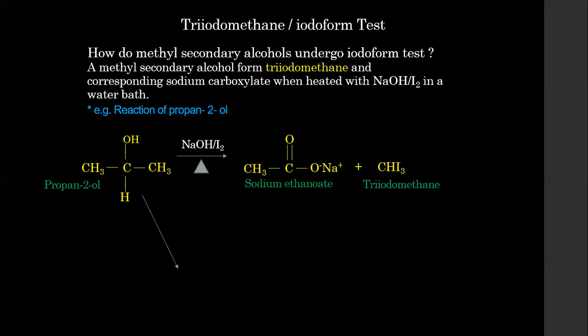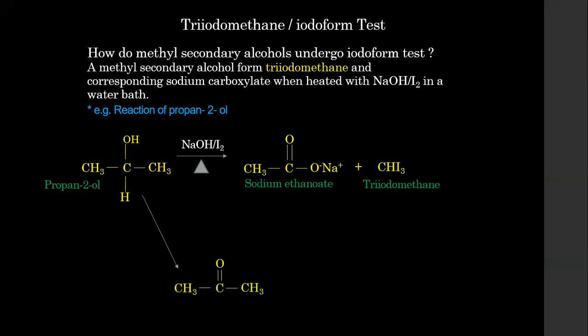However, remember that this reaction is not happening in a single step. When you heat propan-2-ol with sodium hydroxide and iodine, before going to sodium ethanoate, the sodium salt of a carboxylic acid, this propan-2-ol is going to change to make a ketone.